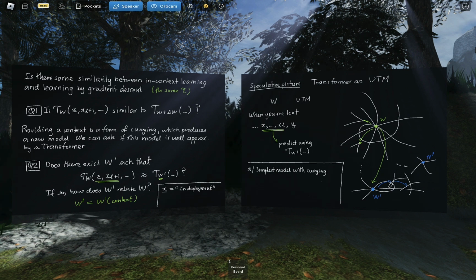So this is my intuition that I'm sharing. But the intuition is that effectively what W does is it maps contexts to, or you might say, sub-distributions. So you have all the data that the model sees, and then within that data are various sub-distributions, like English versus Chinese text, for example.